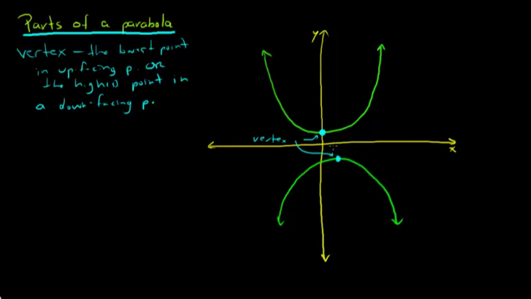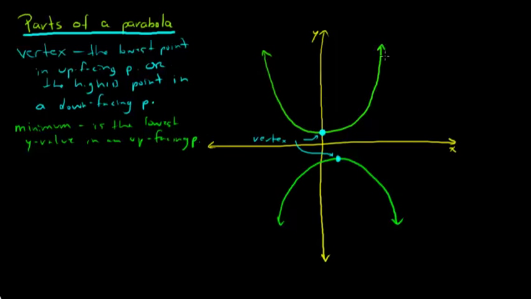There's actually another name for these particular things, other than vertex. In this upward facing one, a piece of this vertex is called the minimum. And the minimum is the lowest y value in an upward facing parabola.